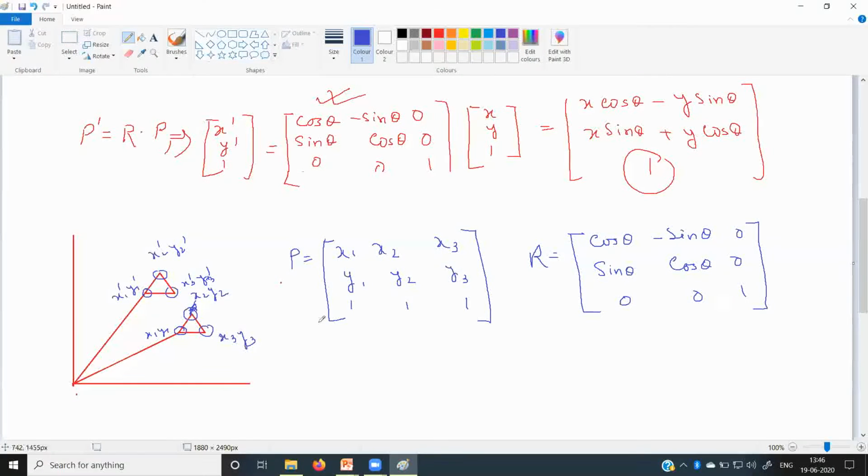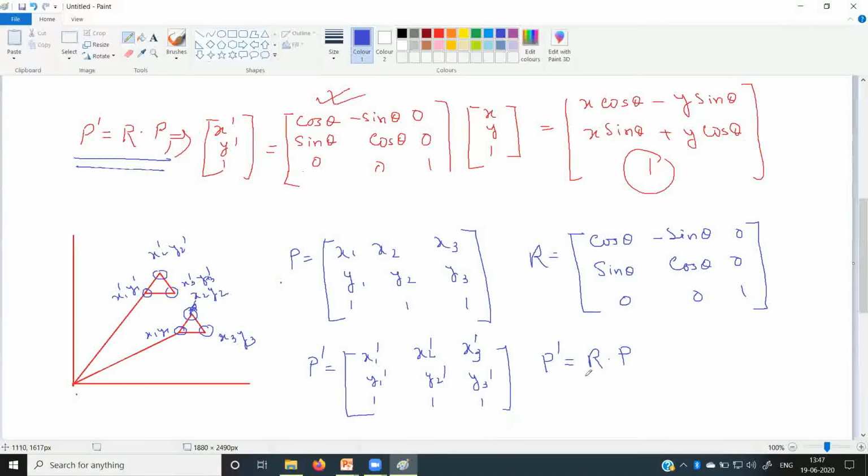So what you have to do, you see this equation to get the new point set P dashed, which is nothing but x1 dashed, y1 dashed, 1, x2 dashed, y2 dashed, 1, x3 dashed, y3 dashed, 1. What we will do, we can write that P dashed is equal to rotation matrix R dot P.